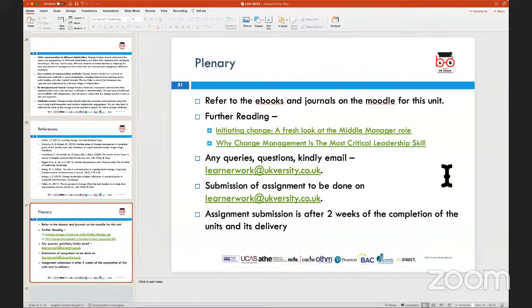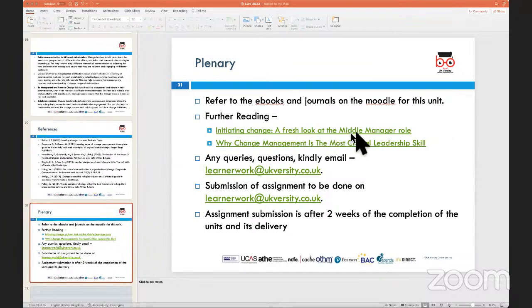Now, there are two important articles which I would suggest that you go ahead and read. These two articles would give you a very good idea of why sometimes we feel change is best implemented by the middle management within the organization.